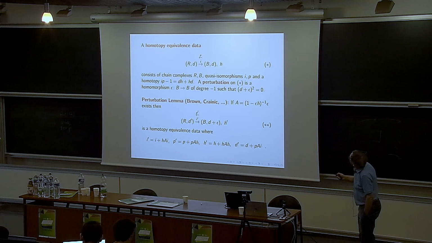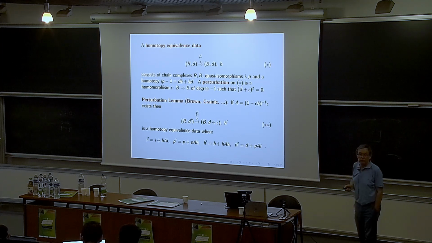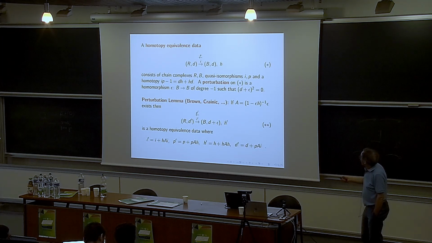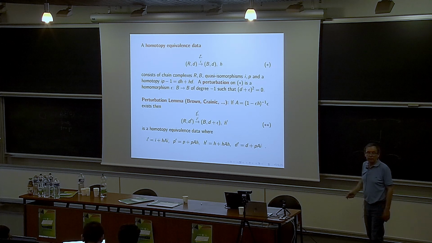So just to summarize, you start off with a small and a big chain complex and a perturbation on the big chain complex, and all the theorem says is you can, under suitable hypotheses, transfer the perturbation to the small one. And not only that, you can read off by formulae homotopies and everything on the small.